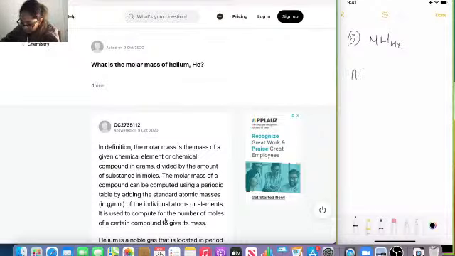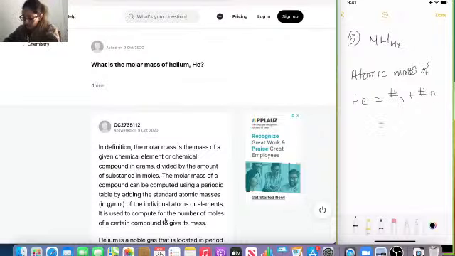The atomic mass of helium is the number of protons plus the number of neutrons, right?